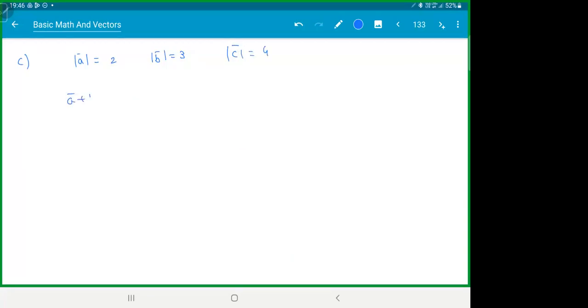And A bar plus B bar is C bar. Find the angle between C bar and B bar.